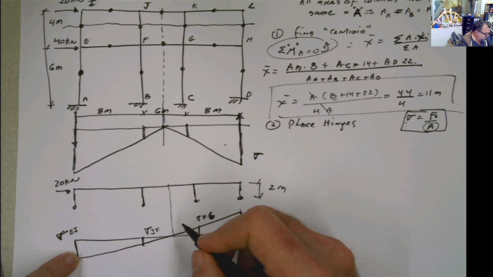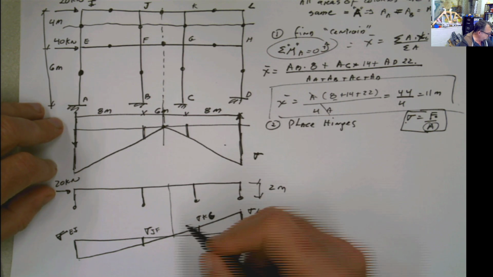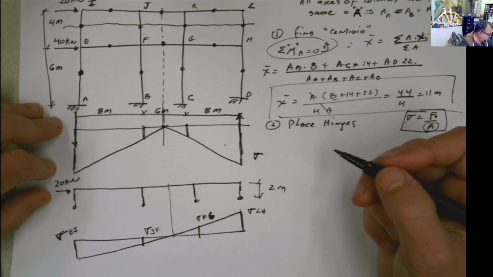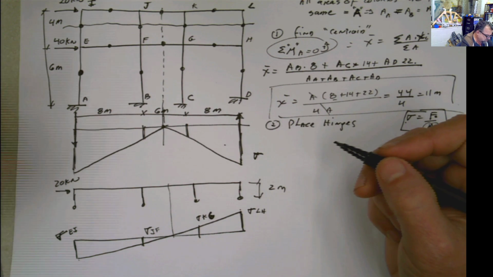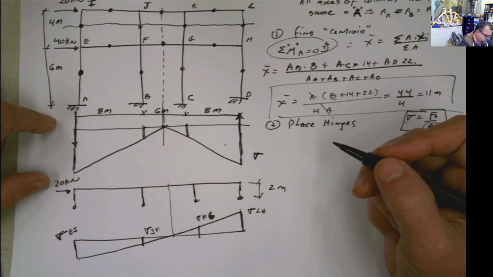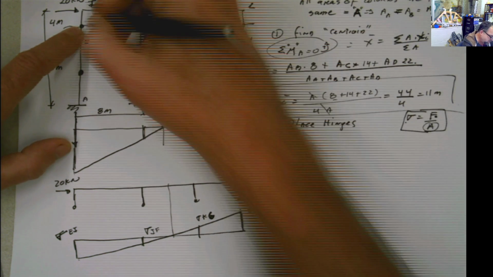Okay, so what do we do here? I can say summation of moments at, I don't know, anywhere. What is easier to do here? We can do summation of moments at this point.